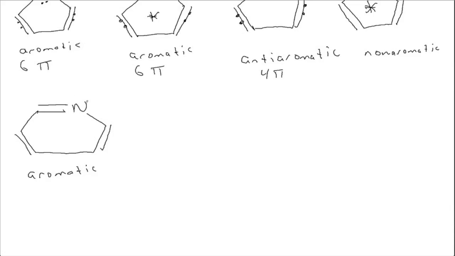What's the hybridization of this atom? This is sp2. Because of the rule and the exception. Good. This does have a lone pair. How many pi electrons are there here? 2. So what's the total number of pi electrons in the ring? 6.